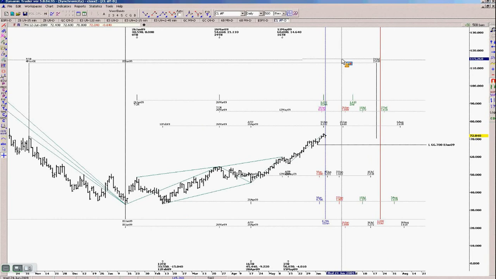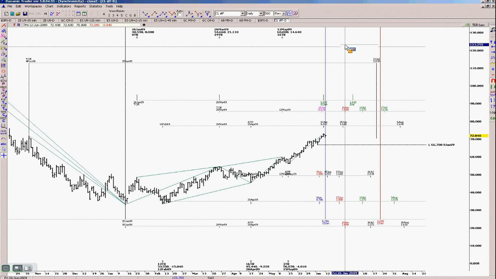If I was writing a report, I would say that the two time windows that stand out in the month of June for a possible high are the 9th through the 12th and the 23rd through the 26th, and that I would be watching those time windows for a possible intermediate high, but not acting on it unless you see reversal indications.